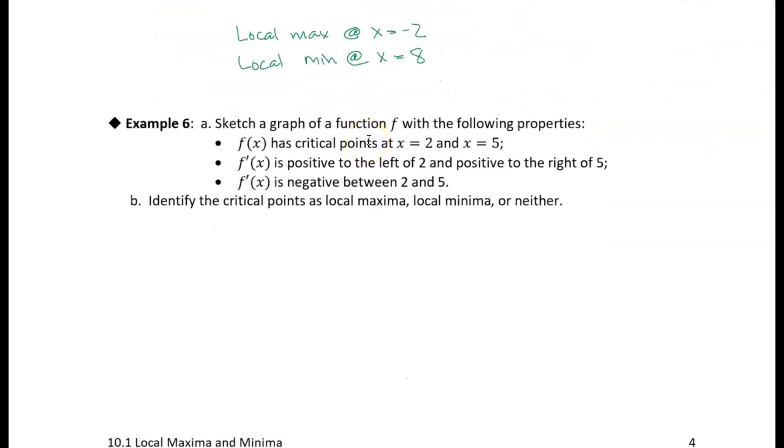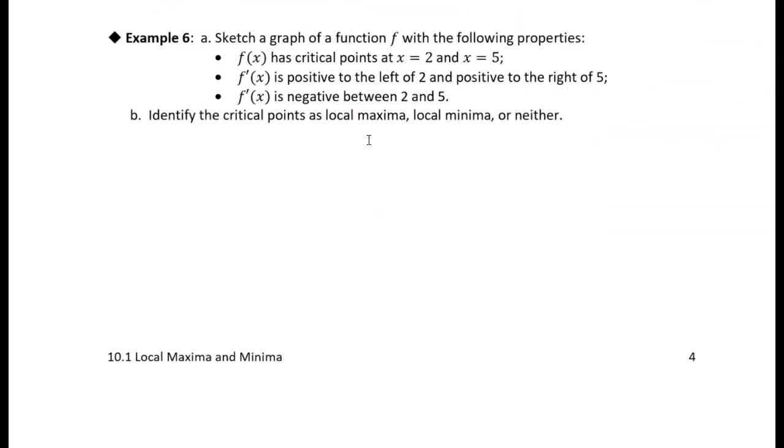All right, so here we're given some information about a function. We're asked to sketch a graph of this function. First of all, I'm just going to draw my little number line of the domain. We have critical points at 2 and at 5.